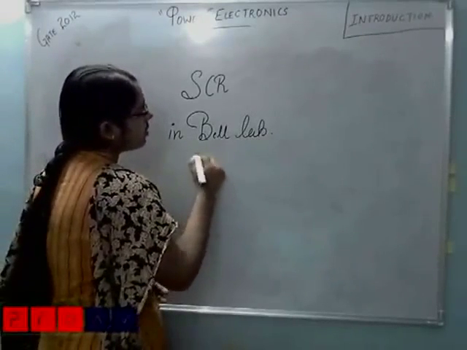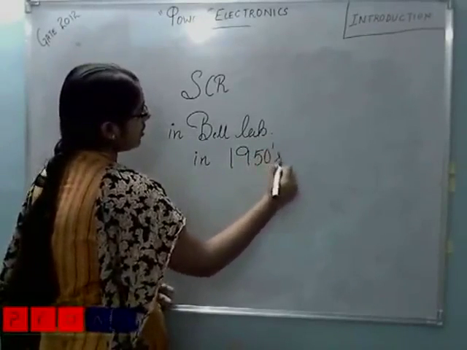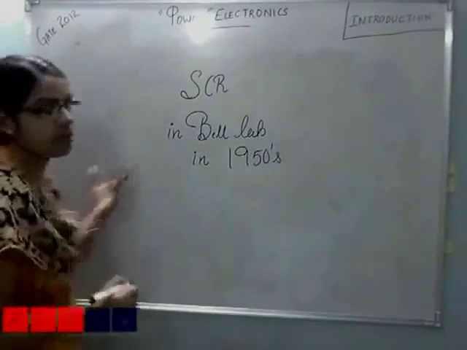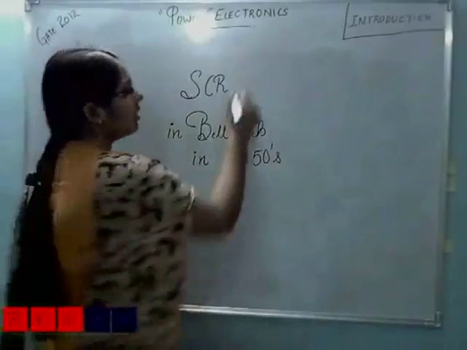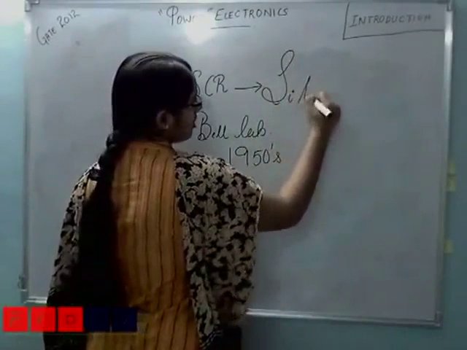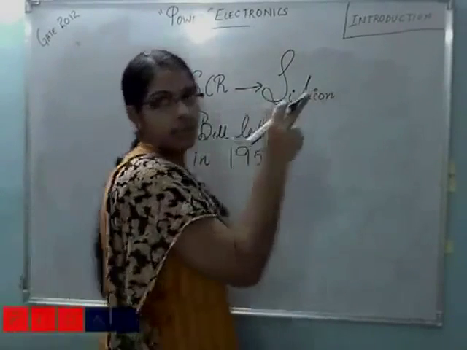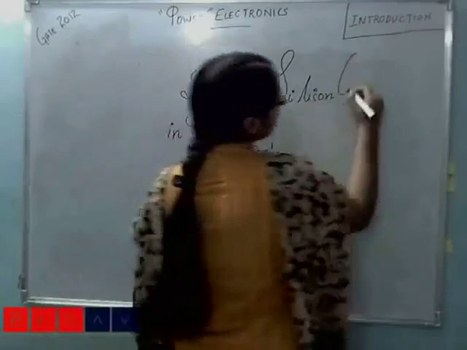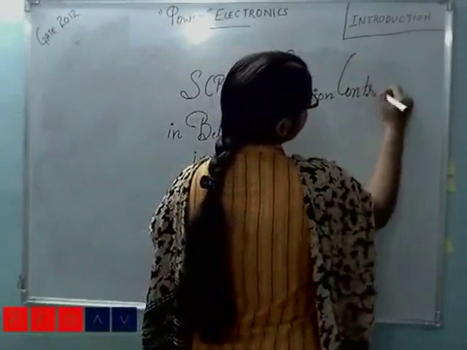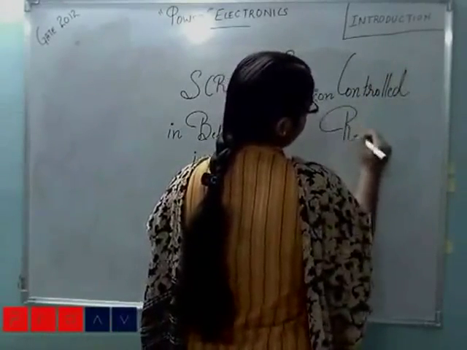In around the 1950s, SCRs were found. What is SCR? I'll elaborate on it now, and all the details about SCR will be dealt with when we deal with it individually. It is silicon controlled rectifier.